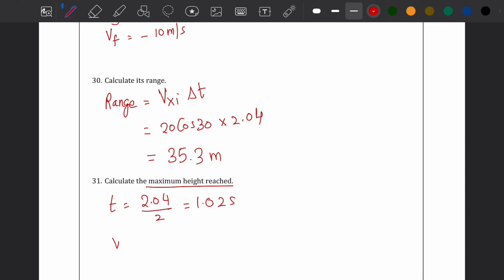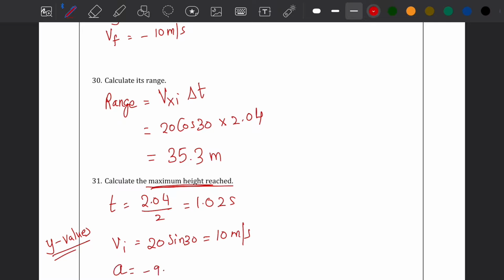And the rest of the things we know. Vi, because maximum height is vertical, we will be using vertical values, so y values. Remember height is in the y direction, so we have to use the y values. So 20 sine 30, which is equal to 10 meter per second.